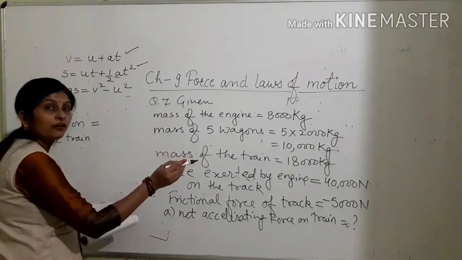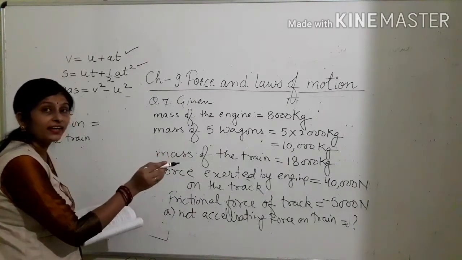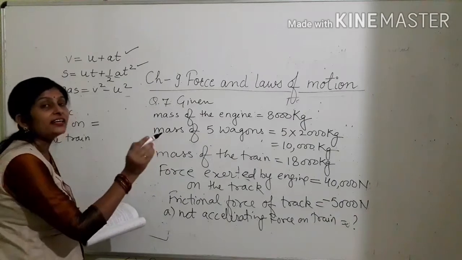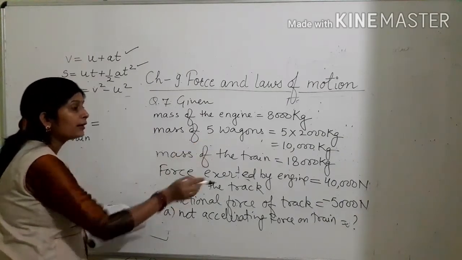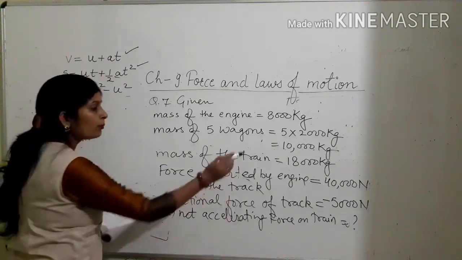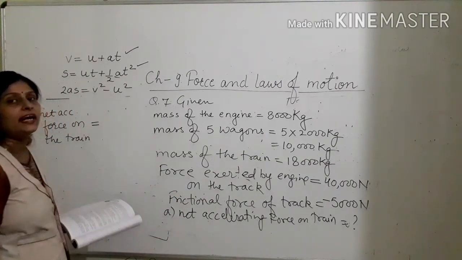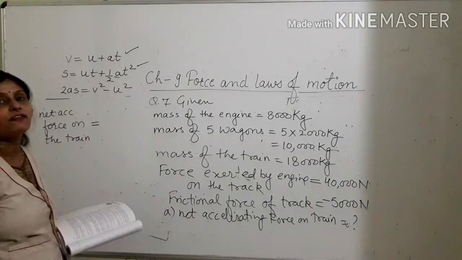So to find out the net or resultant force on the train which accelerates the train, we have to combine both these forces. So we have to do the combination of both these forces in order to find out the net or resultant accelerating force on the train.